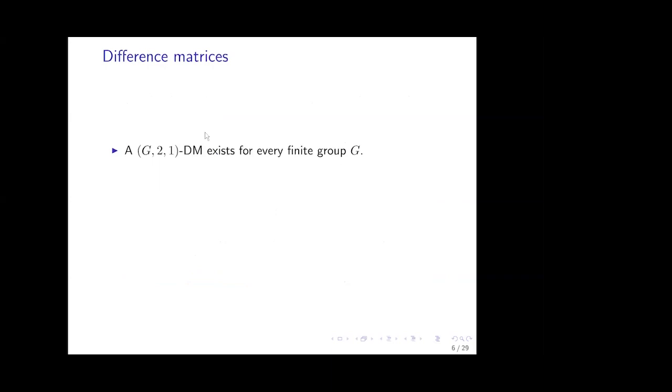Another simple example of a difference matrix is a (G, 2, 1) difference matrix. Clearly, it always exists because we can construct a 2 times |G| matrix such that the first row consists of all 0, or all the identity of G, and the second row consists of a permutation of G. Clearly, if there is a (G, k, 1) difference matrix, then we can remove any row from this matrix to form a (G, k-1, 1) difference matrix.